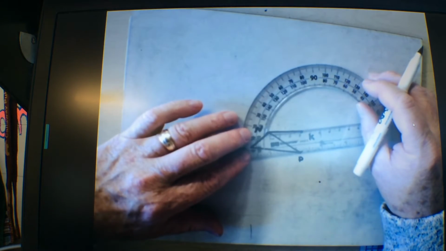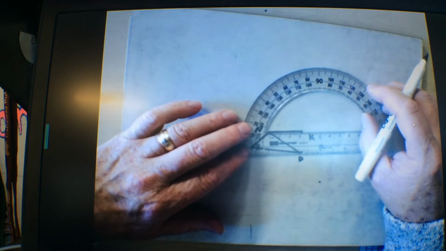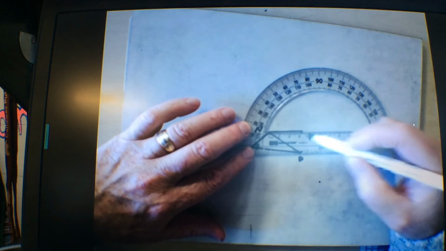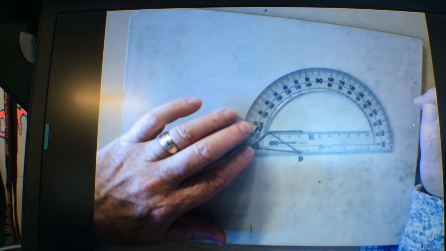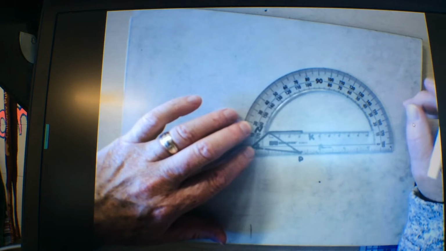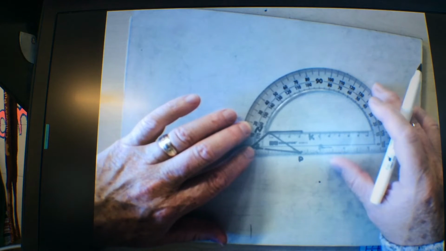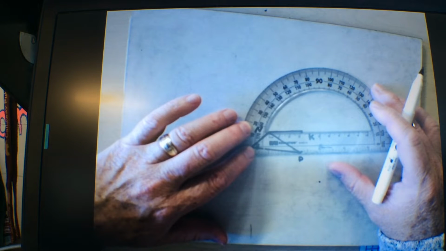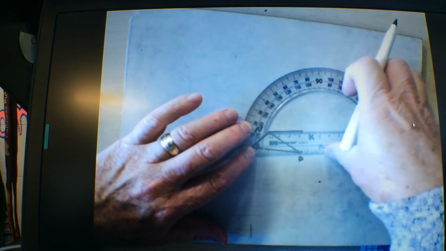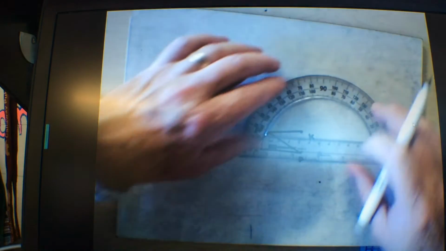Actually, it might be easier to use the inside of your protractor. How many centimeters is that? 3. It looks like about 3.2, doesn't it? I got 3. Okay, if you got 3, everybody's going to be different. Oh, I didn't even get 2.